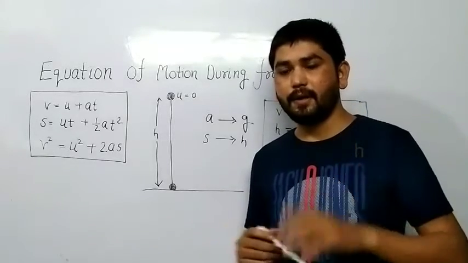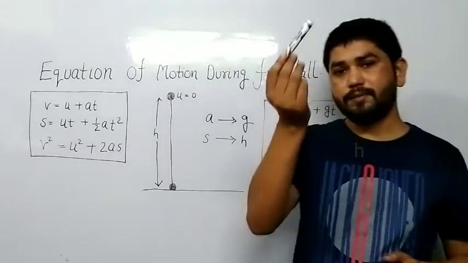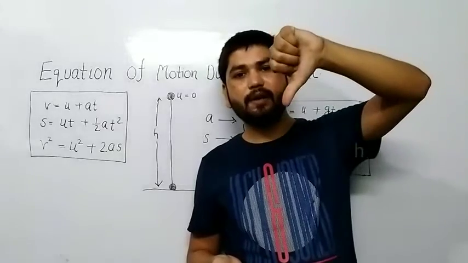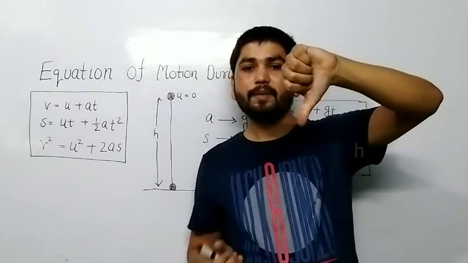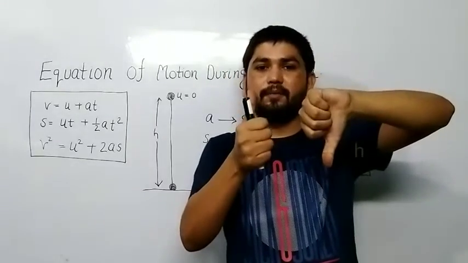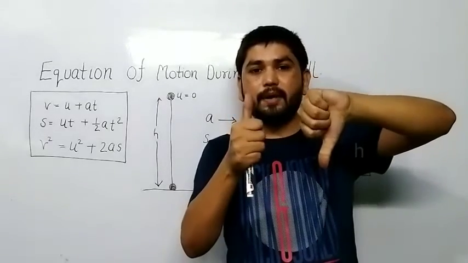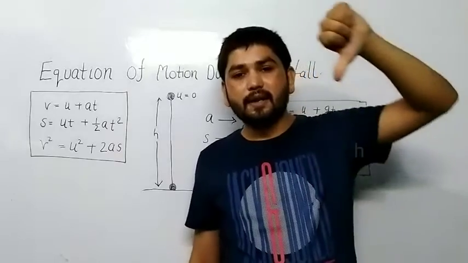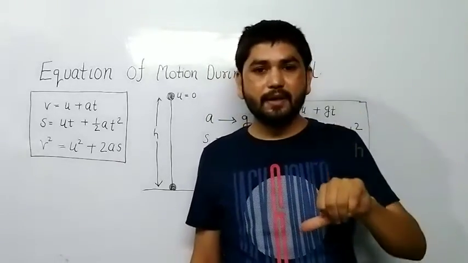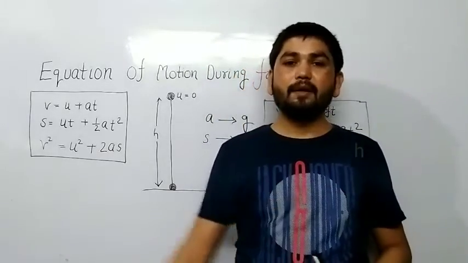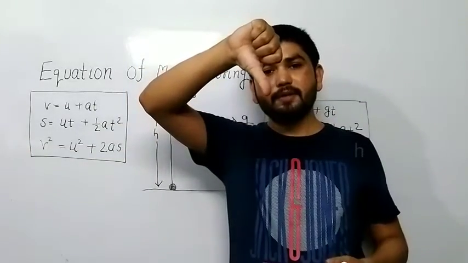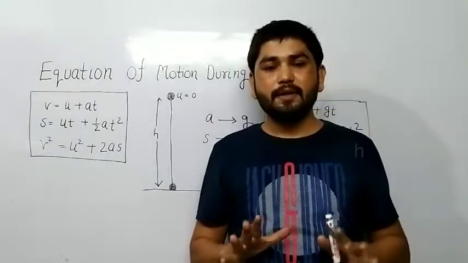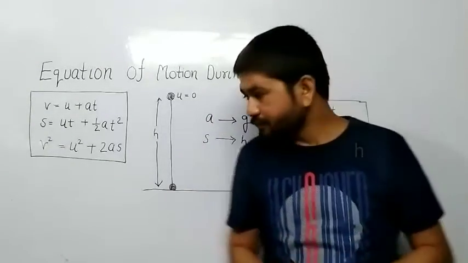Because gravitational acceleration always works downward, but the velocity is upward, so both are in opposite directions. That's why acceleration is negative. But when the object is falling, velocity is downward and acceleration is also downward, so acceleration is positive. Got it?